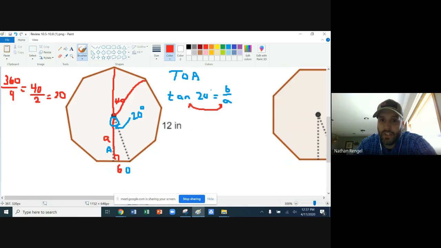We could do the algebra, multiply by A on both sides, then divide by your tangent, but really those just trade positions. So A is going to equal 6 divided by the tangent of 20. This happens whenever your variable is in the denominator of your ratio. You can simply switch the variable with the trig and start to solve.